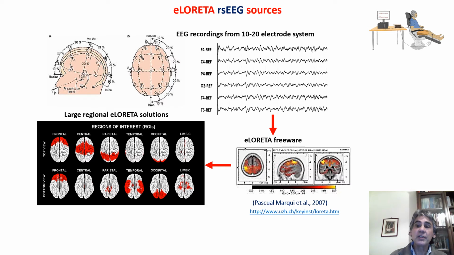And we used artifact-free EEG periods as an input for eLORETA freeware, allowing the estimation of cortical sources of EEG rhythms. You can see that we used large regions of interest in relation to this low resolution of EEG recordings.